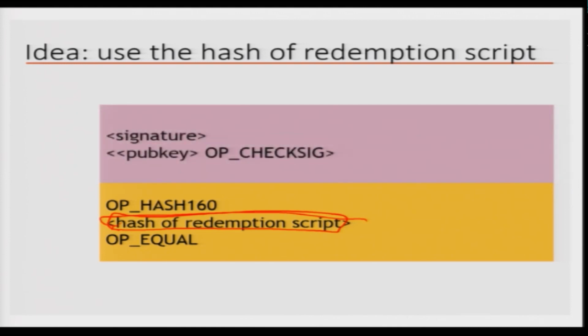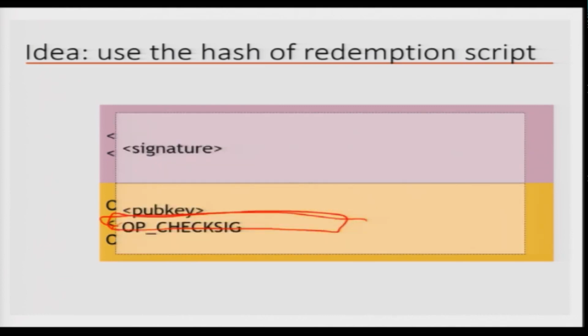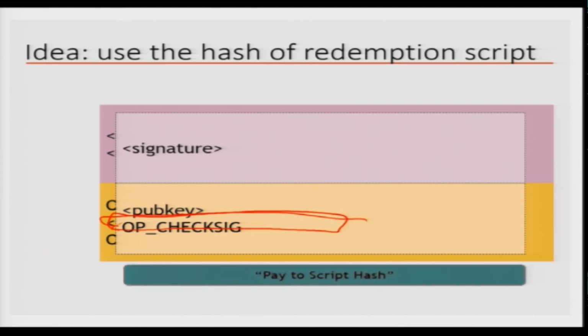And then you do the pub key, then signature check and all that stuff, which you would have done anyway. But what happens is that after you have done this, the actual script is replaced, and that script needs to be executed before the entire script finishes with success. So, that is how this works, and this is called the pay to script hash.